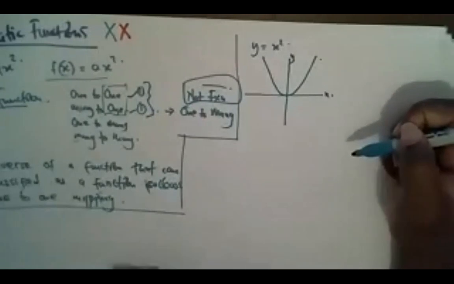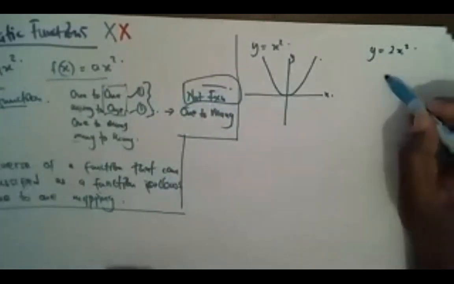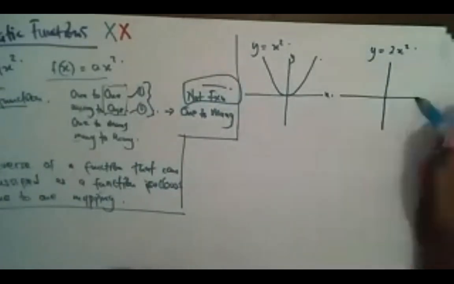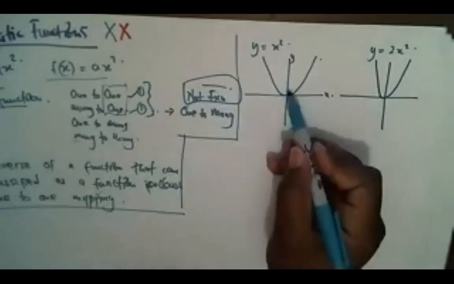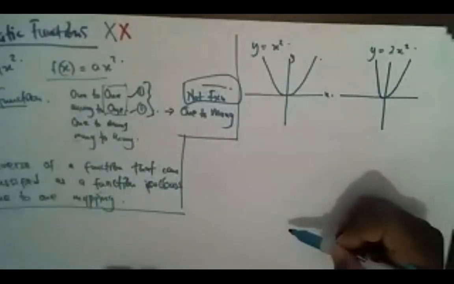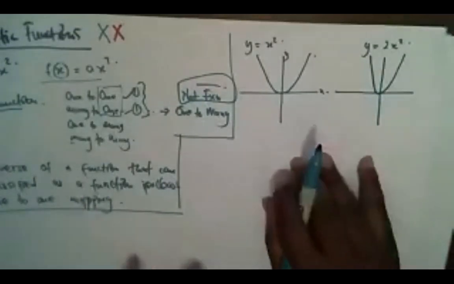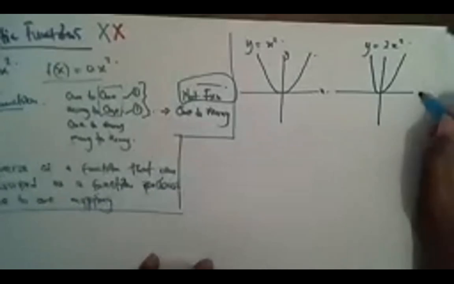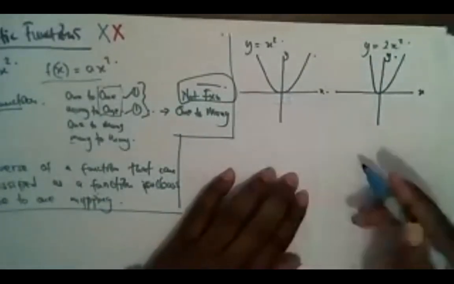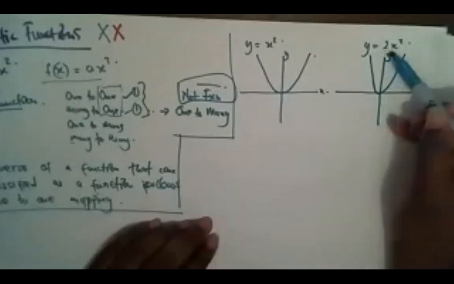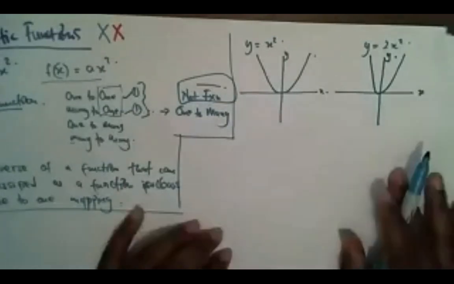And if I have y is equal to 2x squared, it just means the parabola is narrower than this one. So if this coefficient increases, my parabola becomes narrower and narrower.